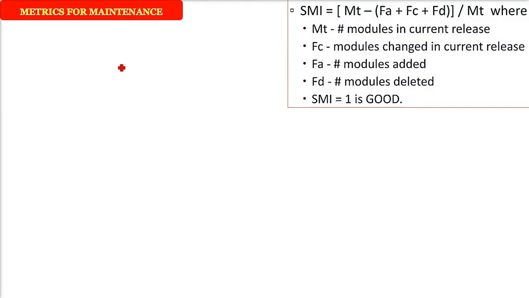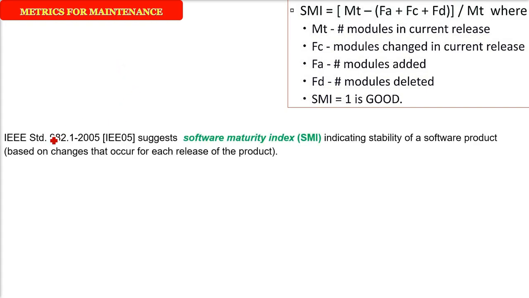Metrics for maintenance. Whenever you deliver the software or you give various versions, then there will be maintenance. That is, a module will be changed, something will be modified. So IEEE standard 982.1-2005 suggests the software maturity index.